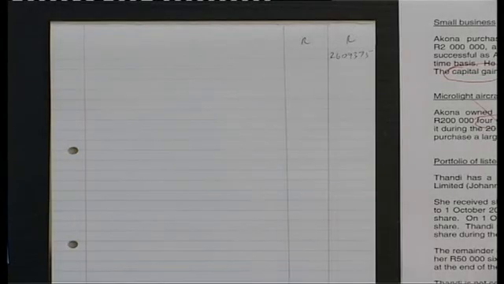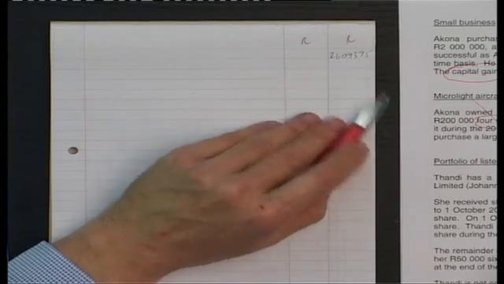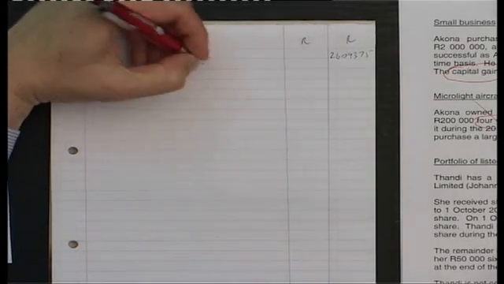There it is. They married in community of property, so the capital gain has to be split 50-50 between the spouses. So they married in, I'm going to abbreviate it, community of property.